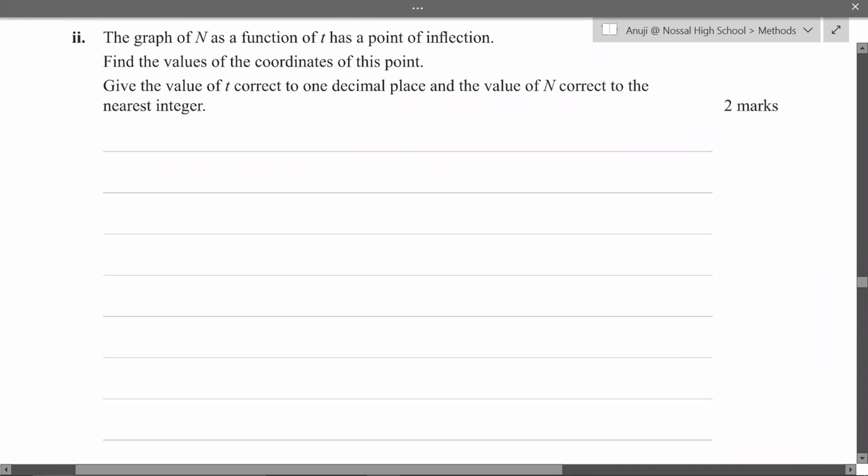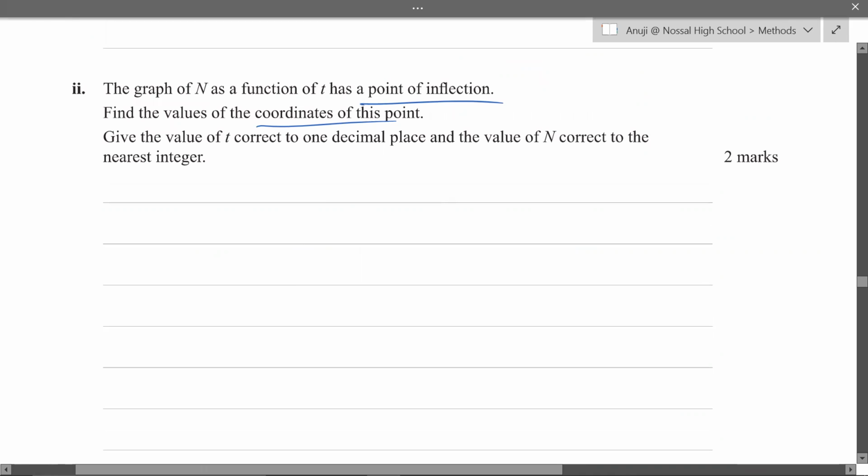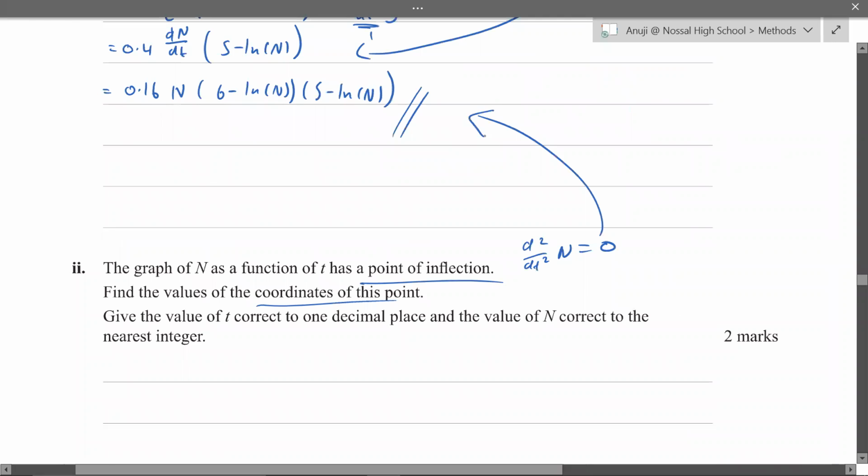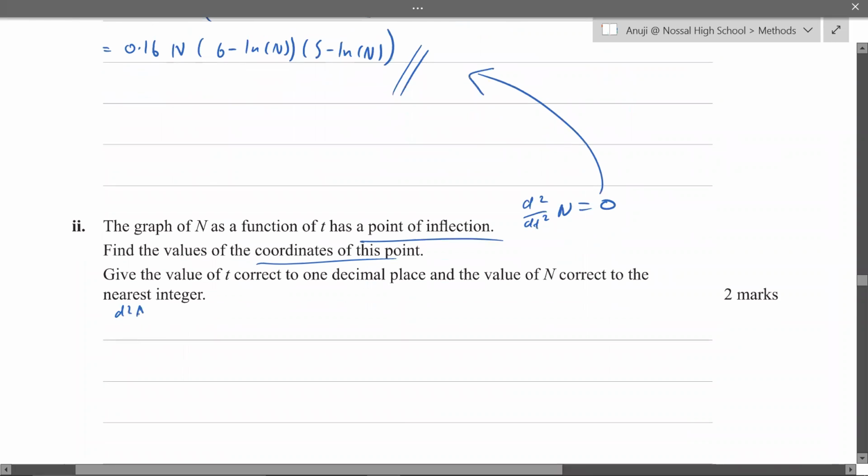Now it's asking, it has a point of inflection, and you have to find the coordinates of the point. So point of inflection is when d squared n/dt squared equals 0, and it's helpful because that's what this is. So d squared n/dt squared equals 0.16 n(6 minus ln n)(5 minus ln n).